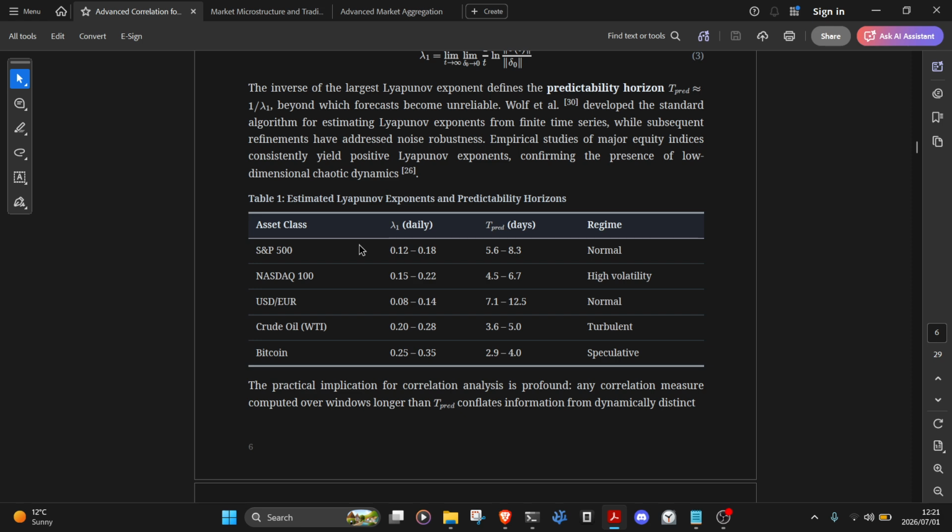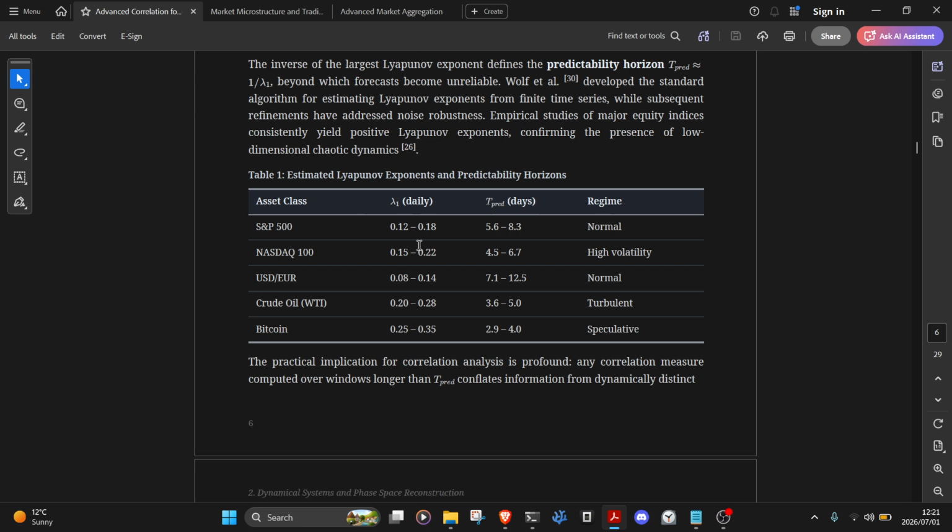Nasdaq 100 had a Lyapunov exponent of 0.115 to 0.22, and the predictability horizon is 4.5 to 6.7 days. Anything beyond that, and you're testing your luck. The regime, high volatility. USD versus Euro has a Lyapunov exponent of 0.08 to 0.14, and the predictability horizon is 7.1 to 12.5 days.